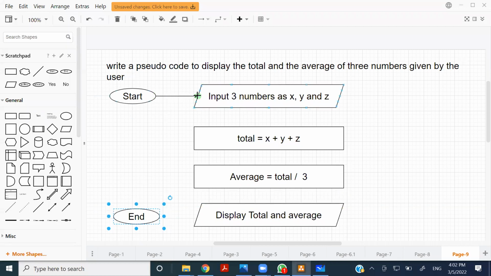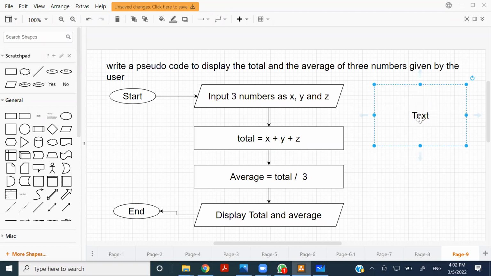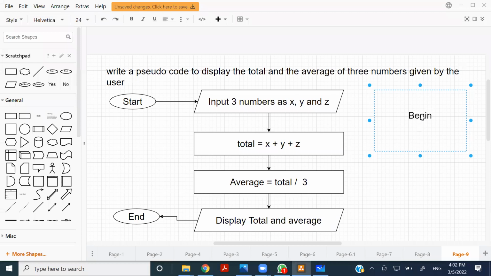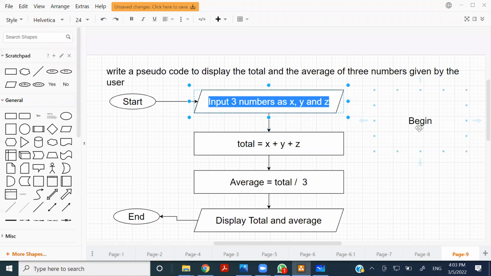So flows are going to be like this. And the pseudocode is going to be something very similar to this. So it's begin. Just mark it if you've done it correctly, people. So I can take the same thing.